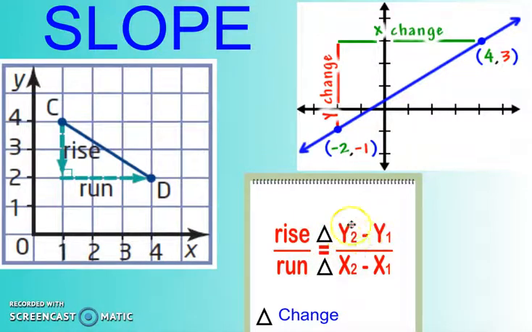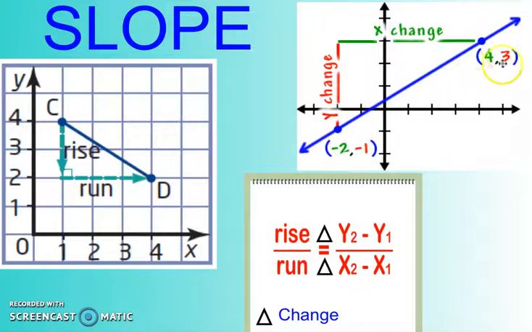So we have change in y's over change in x's. And instead of change, basically we're trying to find the difference. So we're looking at the ordered pairs and we're looking at the y's first. And honestly, it doesn't matter which ordered pair you start with, as long as you start with that one again when you try to find the change between the x's.